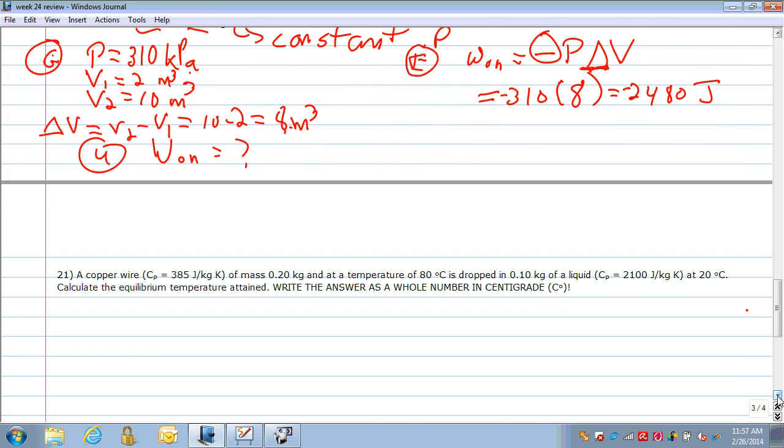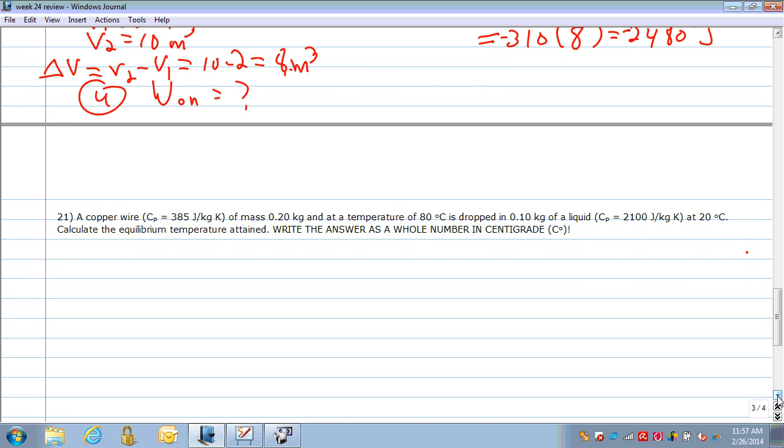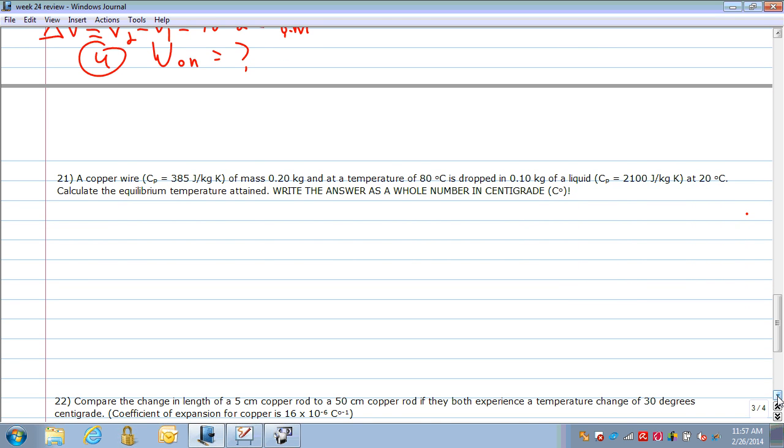All right, let's go on to the next one. And this is the one, people, that is going to be the hard one. Okay? In this one, this is just like our experiment we did. They're taking a copper wire. They're going to drop it in some liquid. Notice this liquid is not water. It's got a C sub P of 2100.